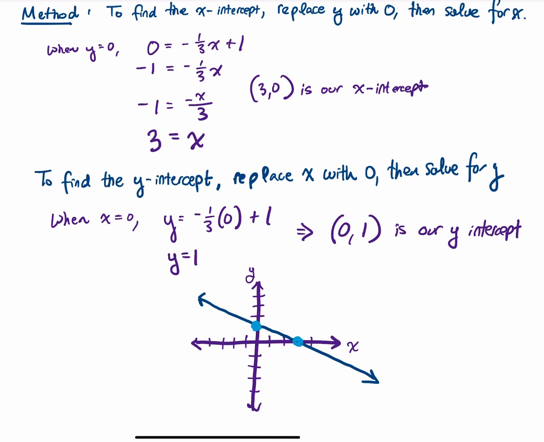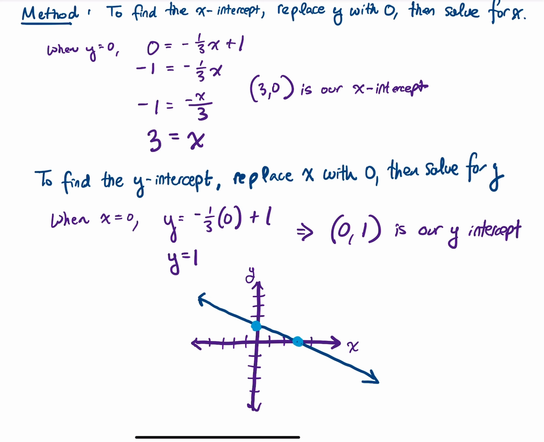So let's look at another example. So we're given negative 2x plus y equals 0. So let's just find some intercepts. We can build a little table and then plot some points.